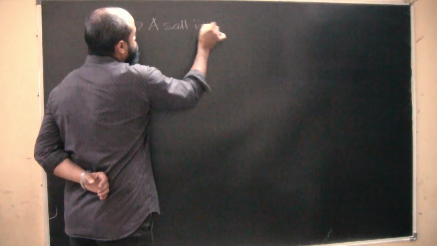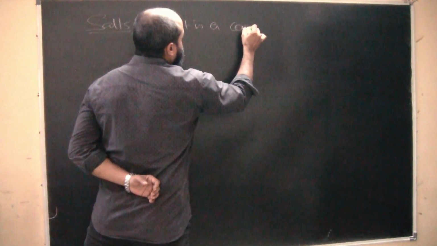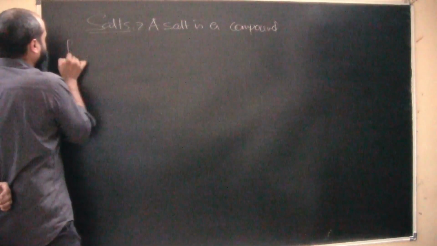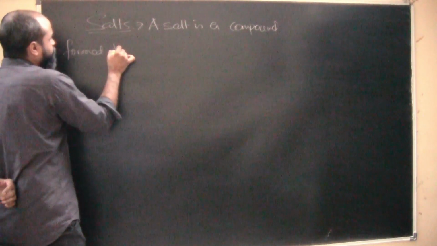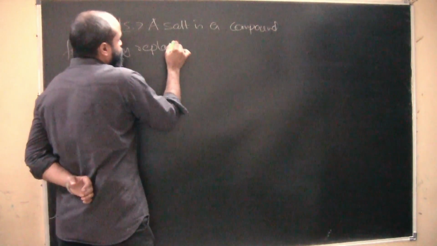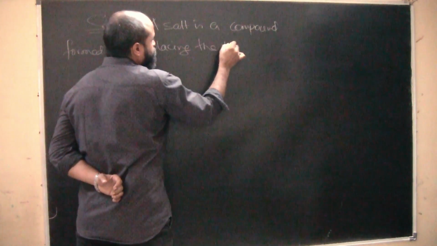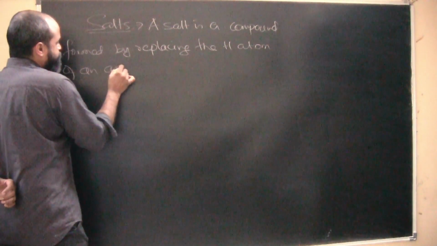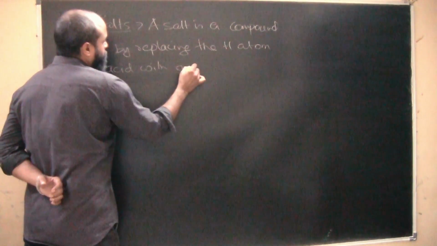Now, how do we define a salt, or what basically is a salt? A salt is a compound formed by replacing the H atom of an acid with a metal.